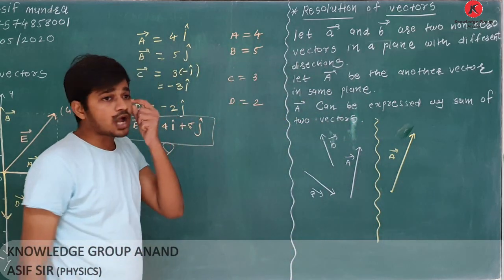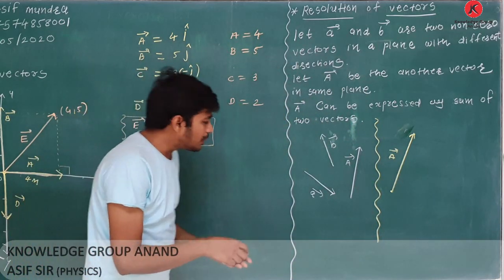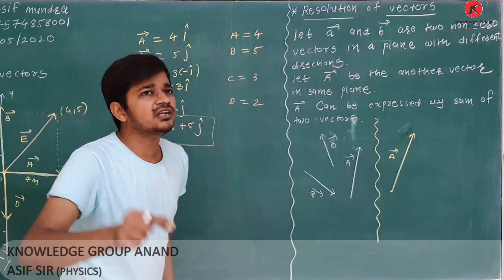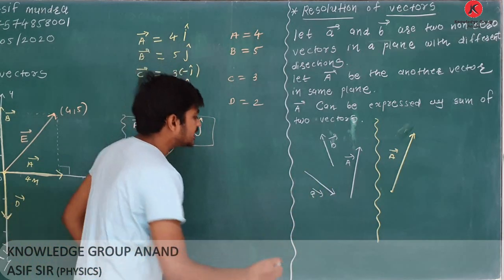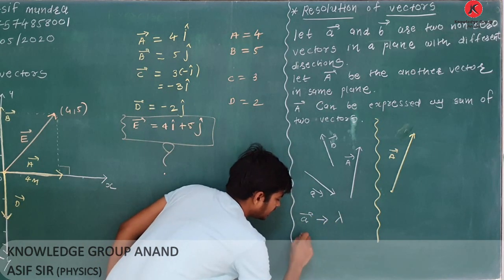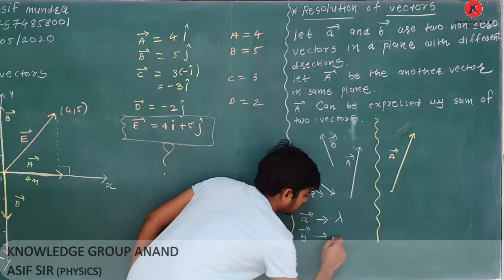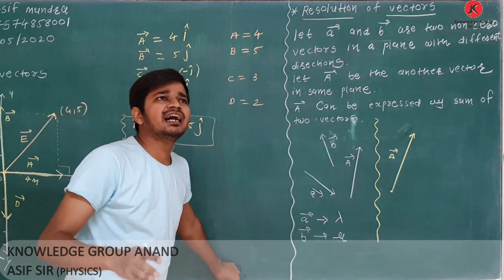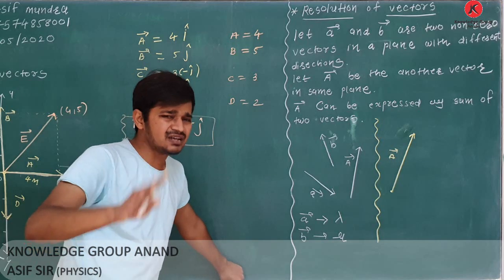Now what you have to do? You have to multiply these vectors a and b with some real numbers. Like I multiply vector a with lambda and I multiply vector b with mu. See, this lambda and mu are real numbers.